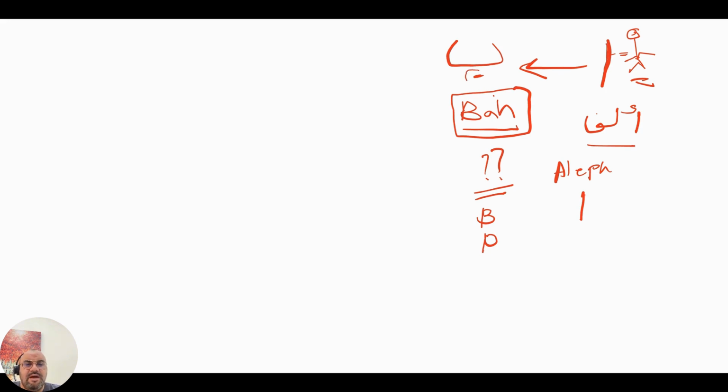The same dot, when it jumps up and the food is cooked, we call this na. So the same dot: if it's down, it's ba. If it's up, it's na. Now we will not leave one dot here. We will put two. If we put two dots here, it's ta.